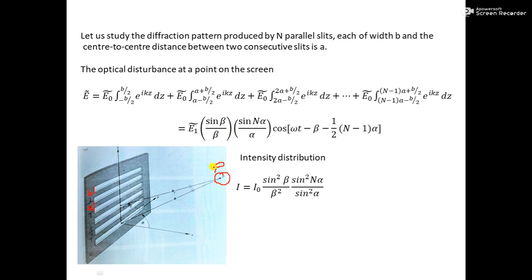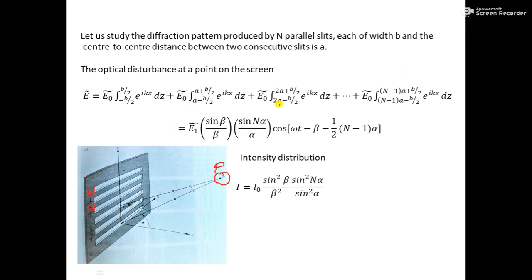At this point the optical disturbance can be obtained by using the relation E is equal to E naught times the integration from minus b by 2 to plus b by 2, that we have seen in the single slit diffraction phenomenon, and for the next slit the limit will go from a minus b by 2 to a plus b by 2. For the double slit we have also seen this limit of integration. So the limit will change in this manner.